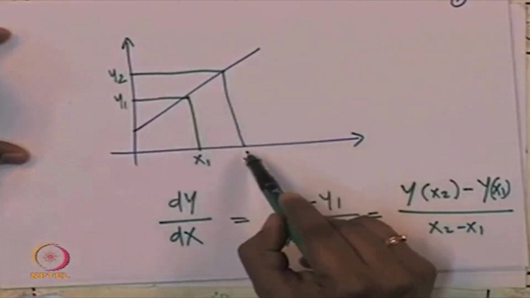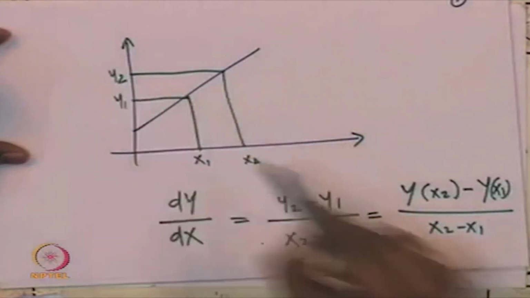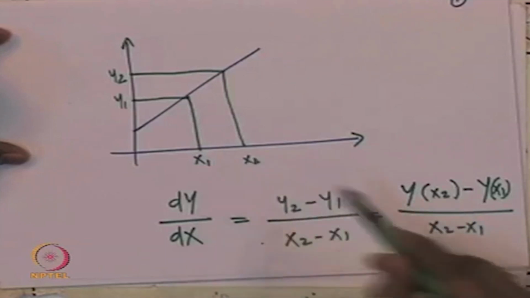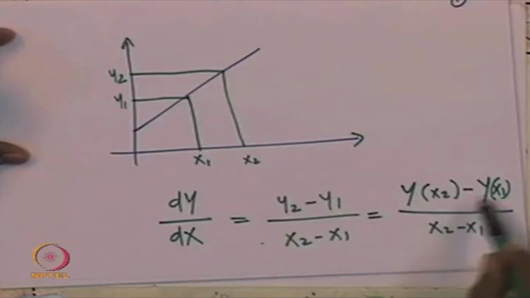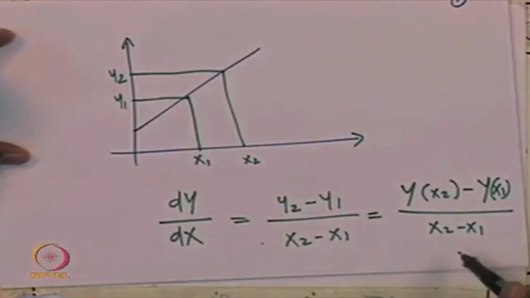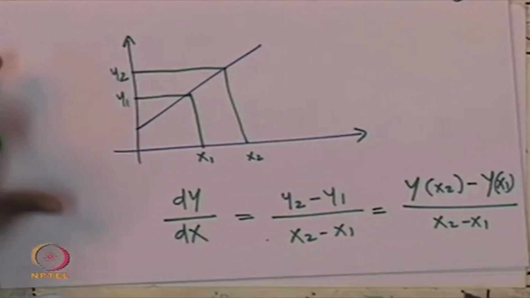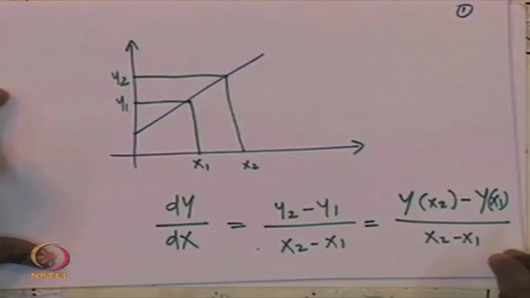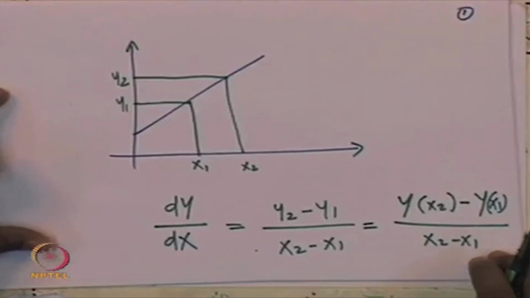For a value x2, what is the corresponding y value? That is, y of x2 means the y value corresponding to the x value x2. If you subtract from that the y corresponding to x1 and divide by the change in x, x2 minus x1, you get dy by dx. This is all the same thing, but it can be written in different ways, so in some books you will see it differently.